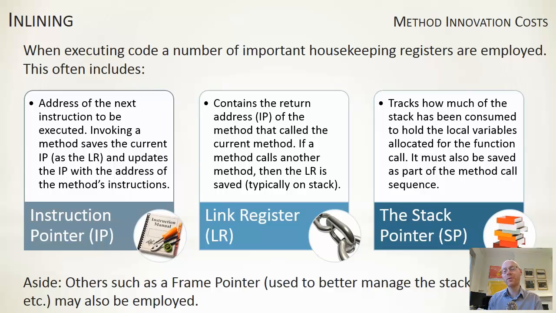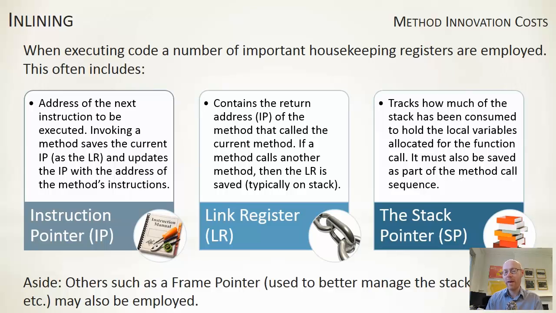This gives us the address that we return execution to whenever a particular method has finished. If you think about recursion, where one method calls another method that calls another method, we can't have just one link register. We need a way of having a series, or a stack-like structure, of them. Unsurprisingly, link registers are items that get pushed onto the stack as part of that method call.